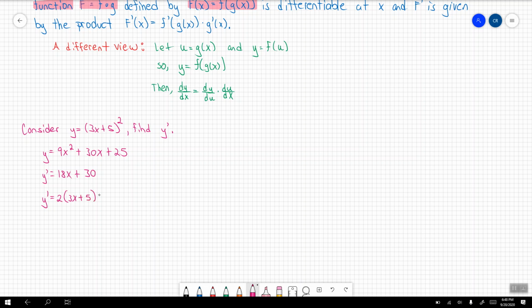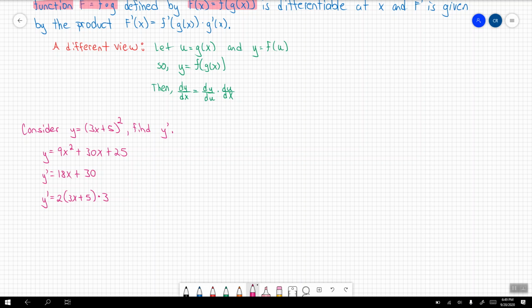However, I'm doing this so that we can illustrate what was taking place. Now, I decompose y prime into 2 times the quantity of 3x plus 5 multiplied by 3. Now, if you redistribute everything, you're going to find out that it's the same y prime of 18x plus 30. And the reason I want to do this is because this is going to outline that chain rule process.